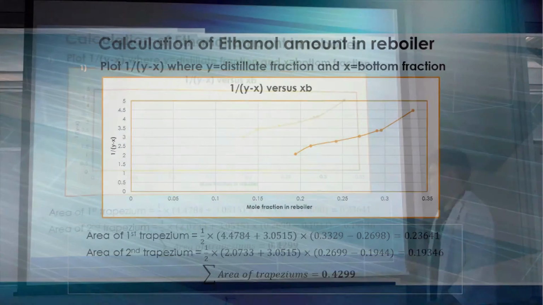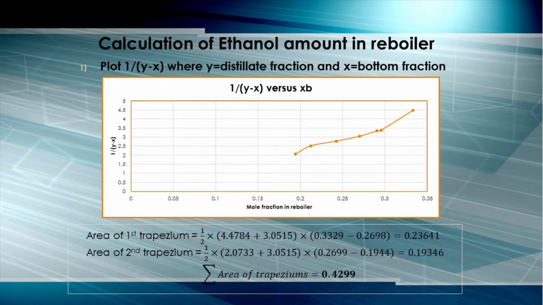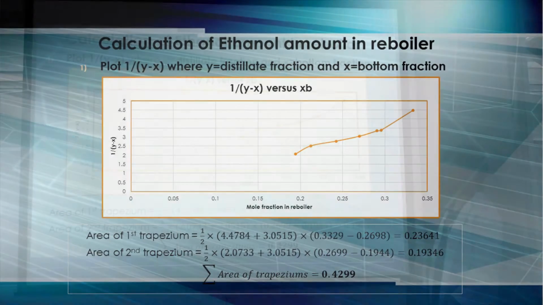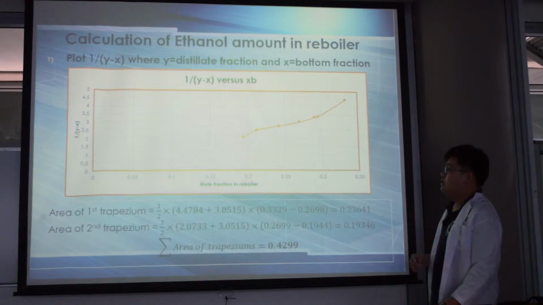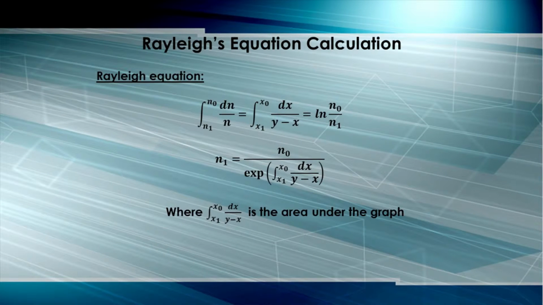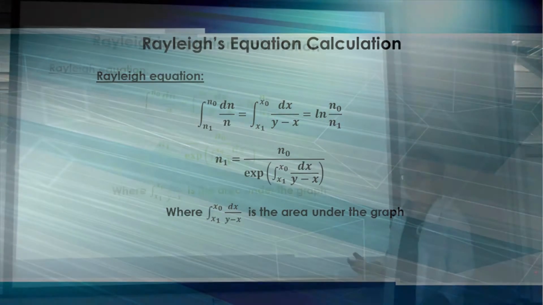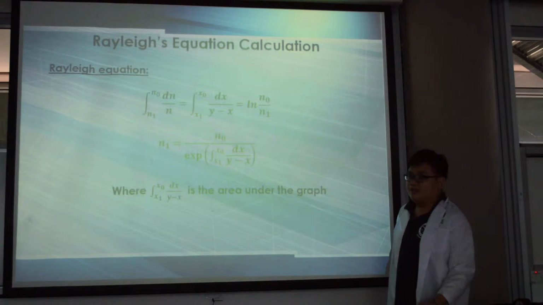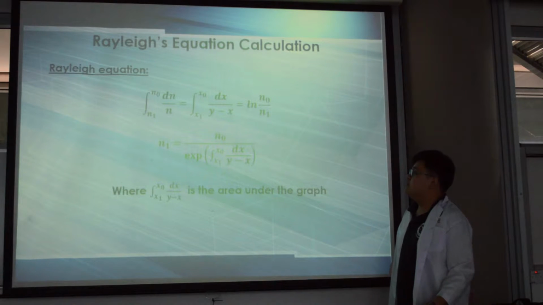Trapezium 1 gives an area of 0.23641 and trapezium 2 gives an area of 0.19346, and the total area is 0.4299. By using this area, we move on to the Rayleigh equation, which is shown by this integral. We know that the n at the interval equals the n at the previous interval divided by the exponential of the area under the graph.